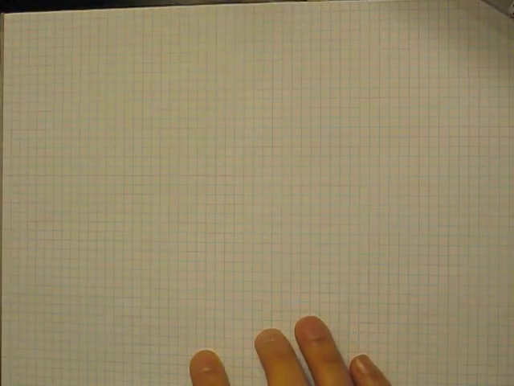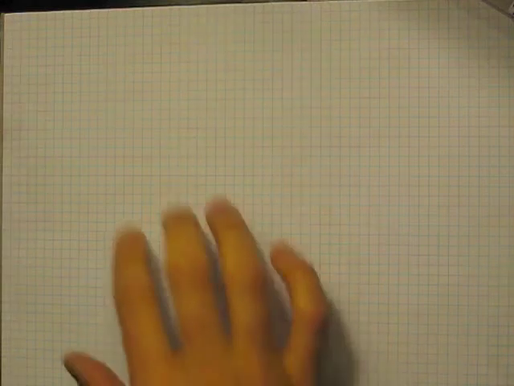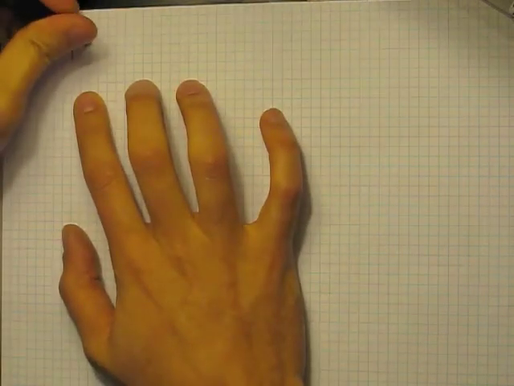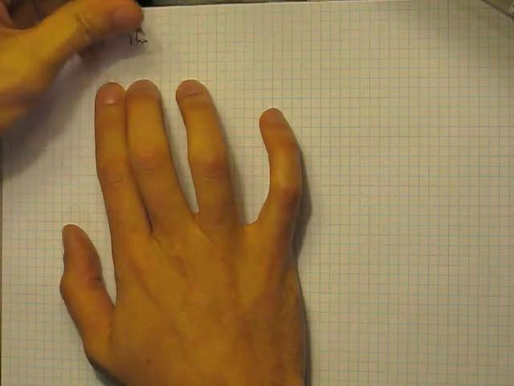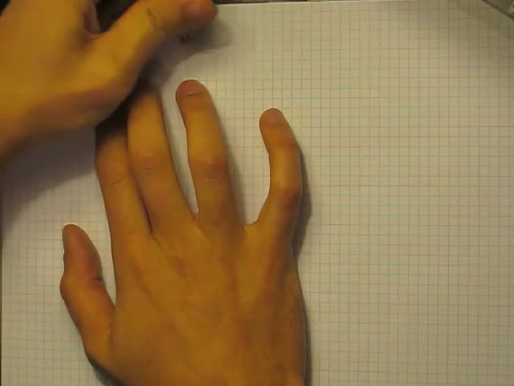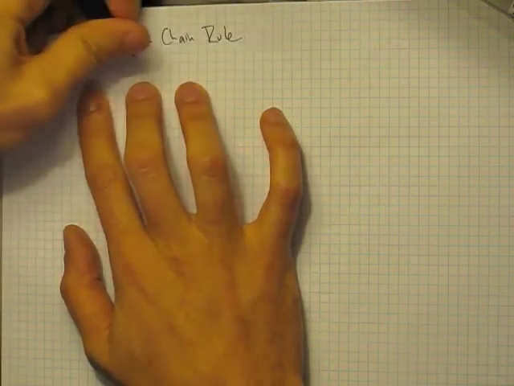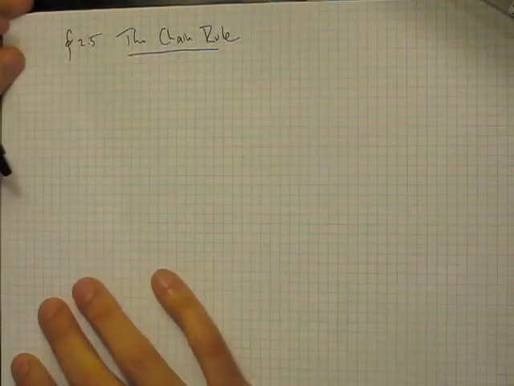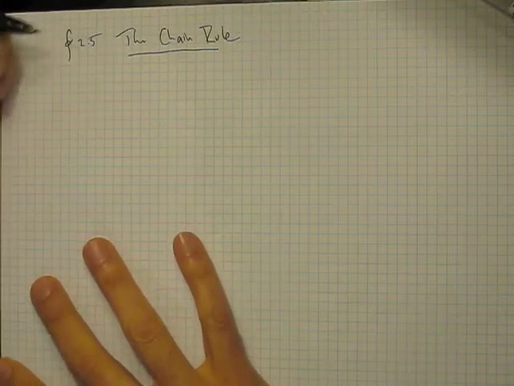So that's section 2.4. Section 2.5 is the section on the chain rule. Some of you may have had some exposure to the chain rule in your calculus classes in high school.